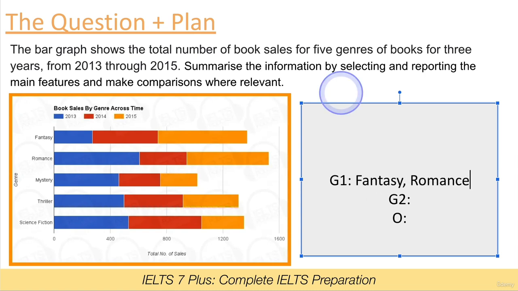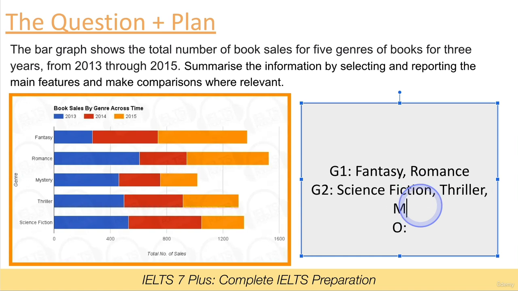And I'm just going to tie in the highest sales, fantasy, closely followed by sci-fi. Then we have science fiction, thriller, and mystery. Okay, the overview then. Romance seems to be the most popular.